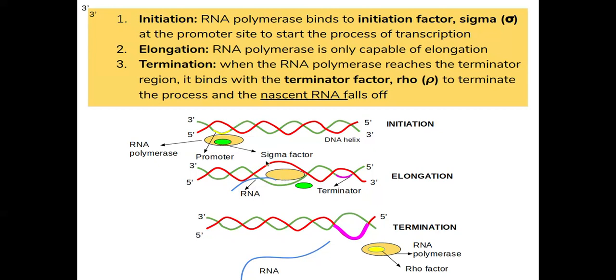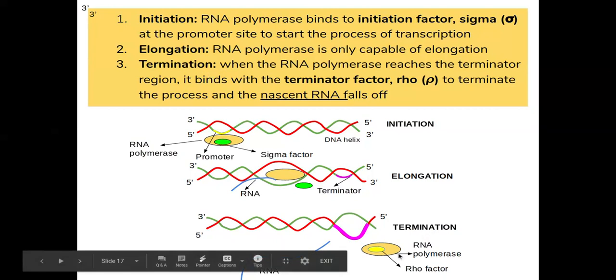Okay. Then when this polymerase comes to this region, which we call the terminator region, it has to stop its RNA synthesis, and that we call termination. Now, for termination again, the polymerase cannot do it on its own. It requires a factor called the Rho factor. So for initiation, it requires the sigma factor.